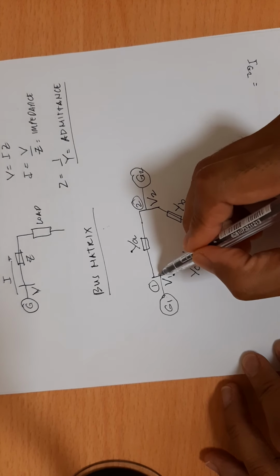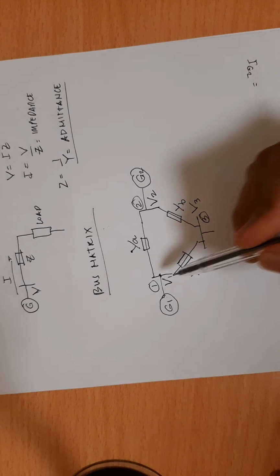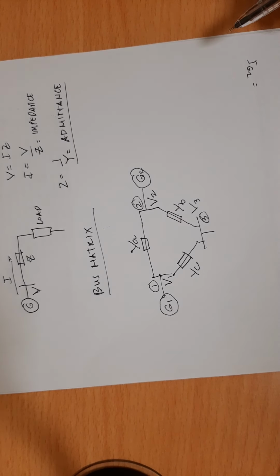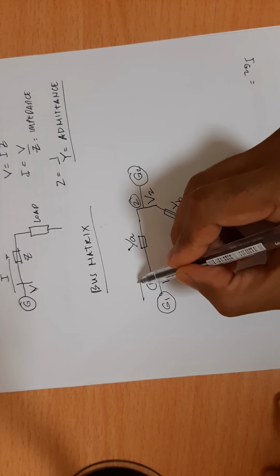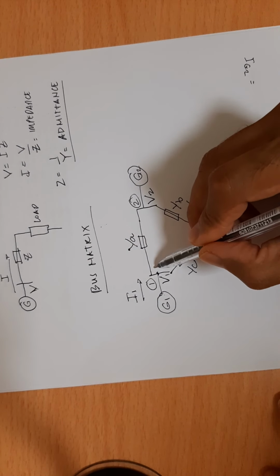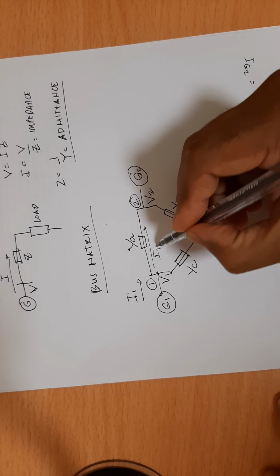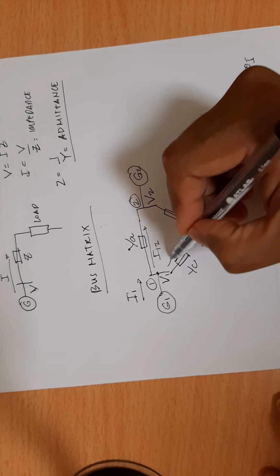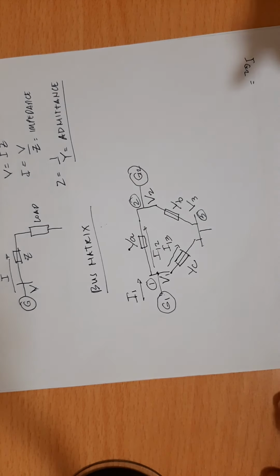So for example, we will use nodal analysis at bus 1. What is contained in this bus? We have the current I1, and we have outgoing currents I12 and I13.